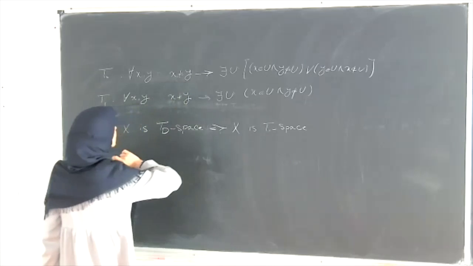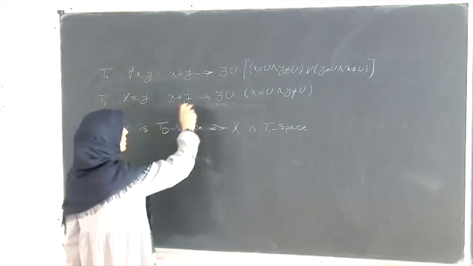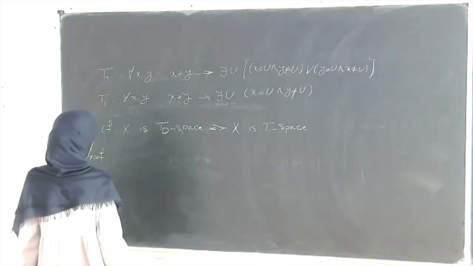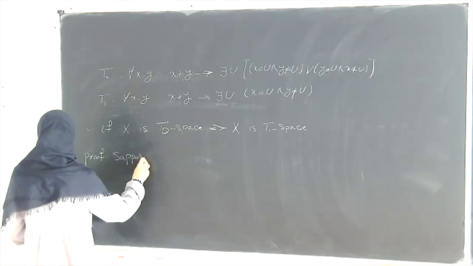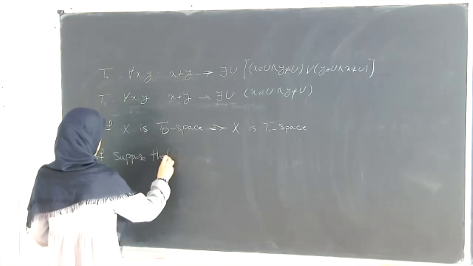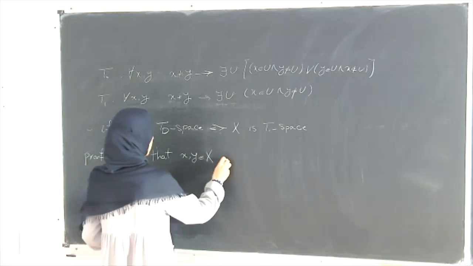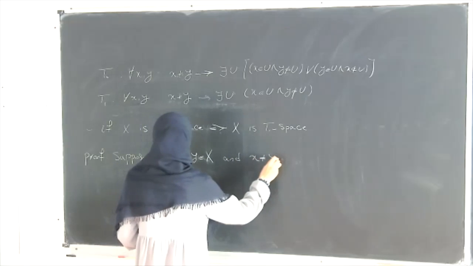So I have to consider two non-equal points and show that there exists one U with this condition. So suppose that x and y are two points in X, and x is not equal to y.